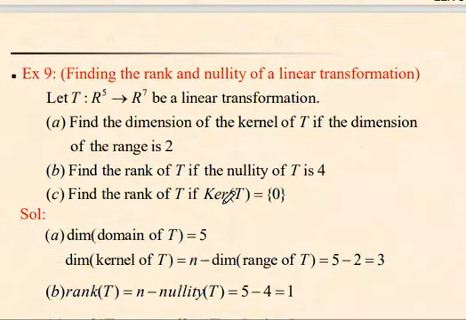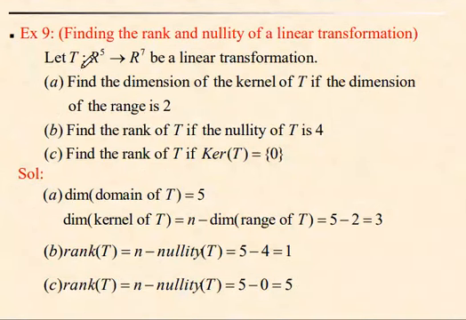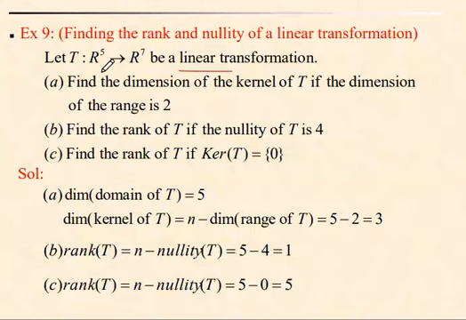All right, let's consider another one. A transformation between these two vector spaces. It is linear. Find the dimension of the kernel if the dimension of the range of T is 2. The dimension of the domain is 5, and the dimension of the range of T is 2.